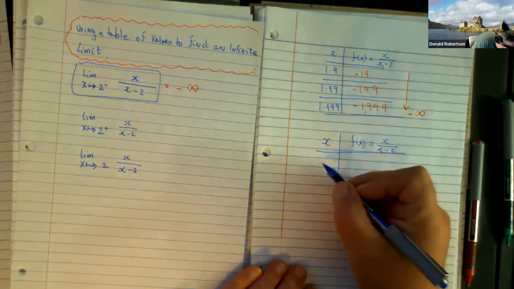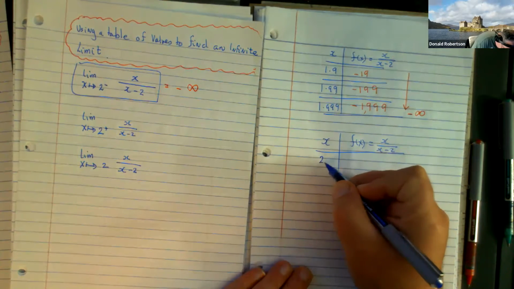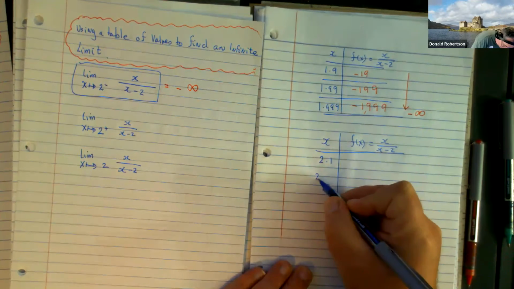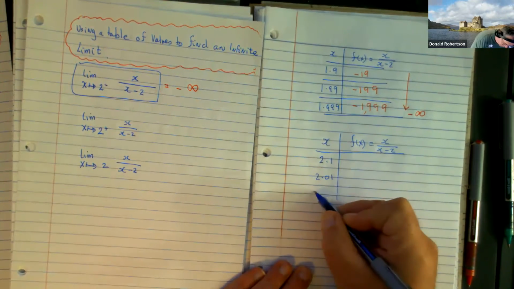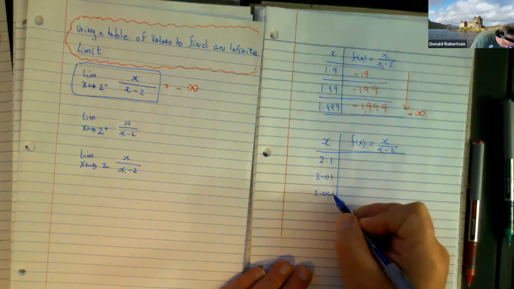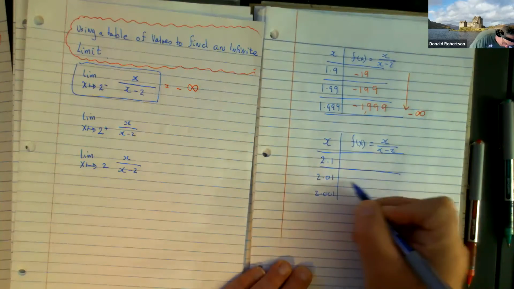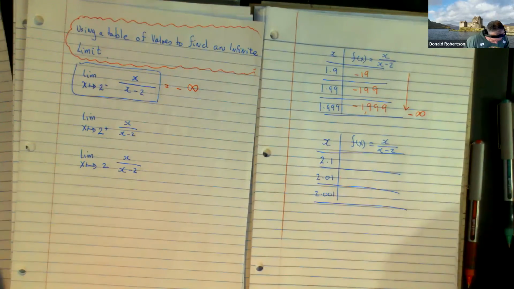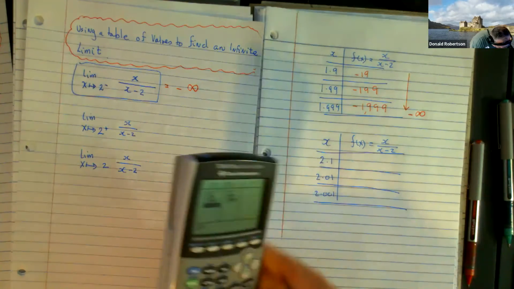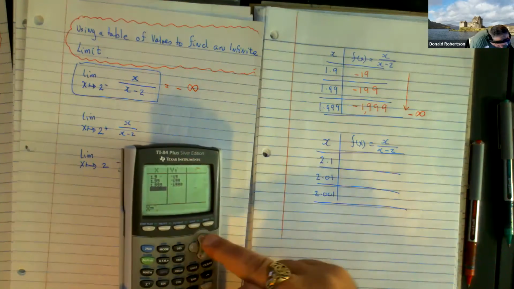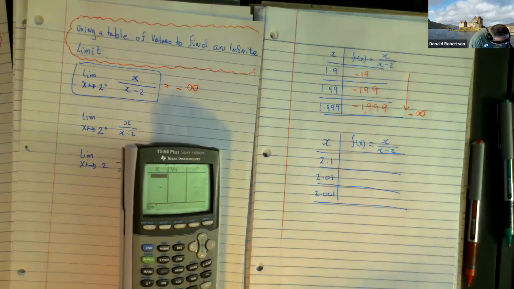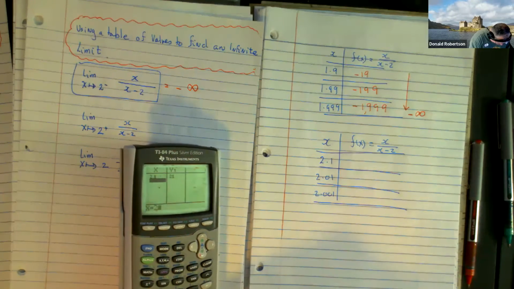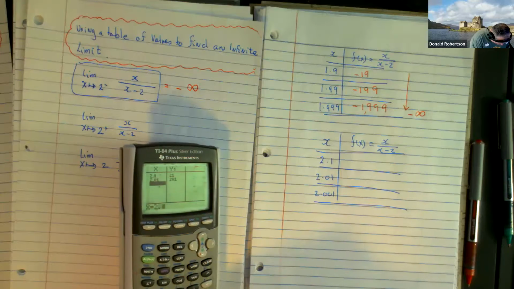And so I'm going to go 2.1, 2.01, 2.001. If I go to my table of values, I guess I could just delete these so that they're not a distraction. I get 2.1, 2.01, and 2.001.